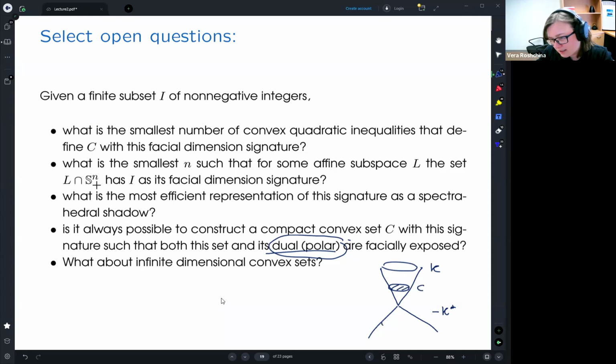And if I'm in a standard setting, I will have to intersect my cone with something at distance 1 from 0. Right, and with a parallel subspace, that will be a polar of the convex set, right? So I'm looking for primal and dual objects being both facially exposed. And also, we don't know how to even formulate and solve this problem for an infinite dimensional convex set. So I don't have a formulation for this.